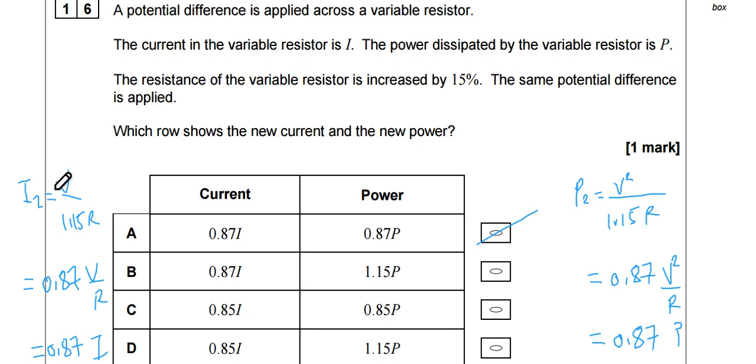We can find by calculator that 1 over 1.15 is 0.87.